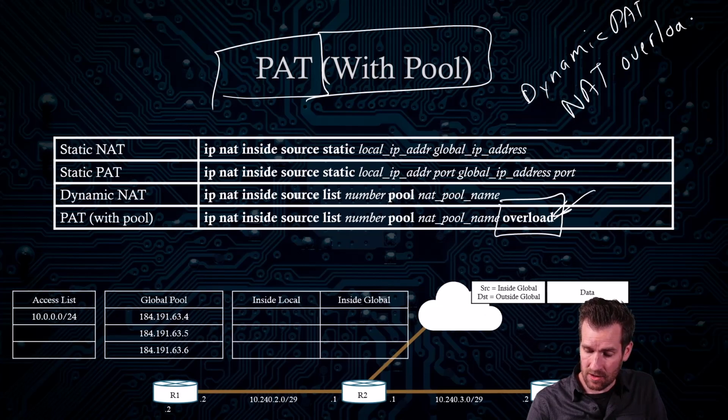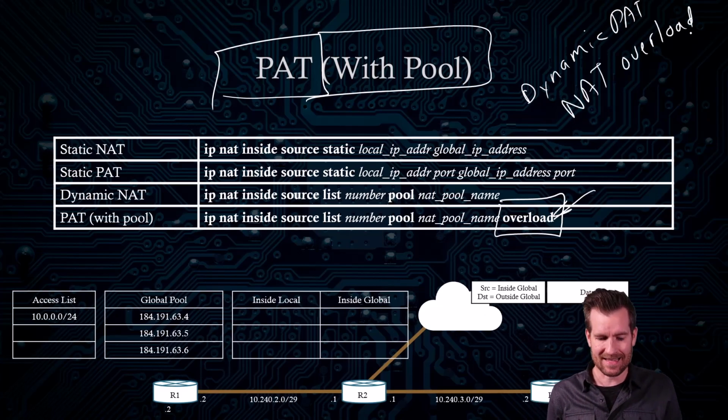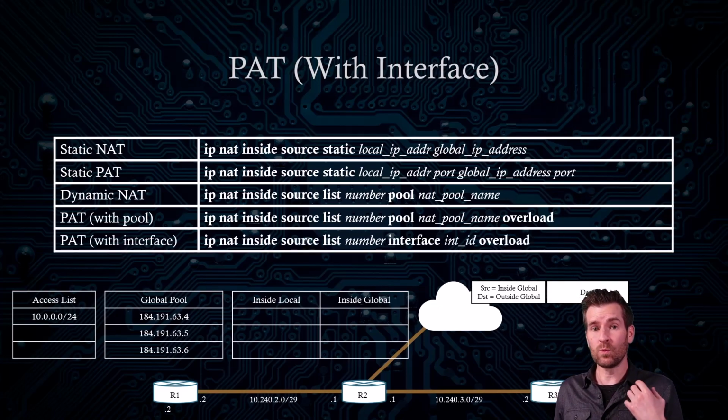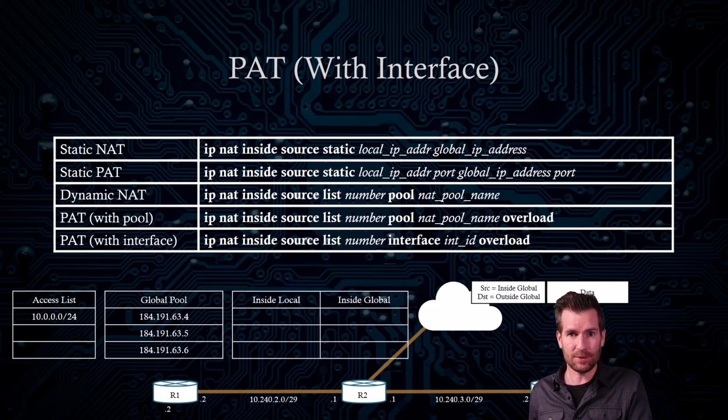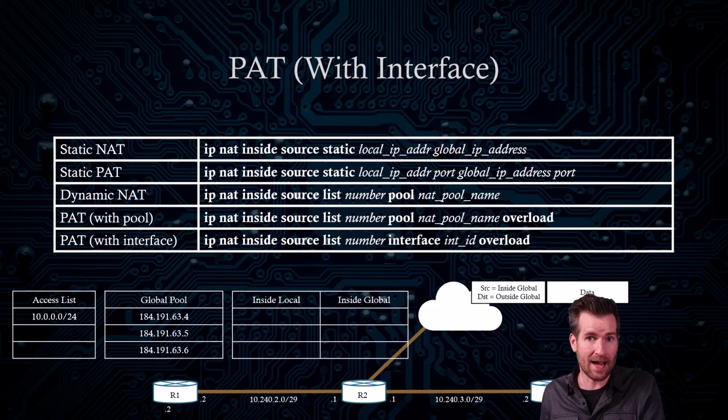Because the command to set this up is really the same as NAT, except it has this overload at the end of it. There are times when we really only have one IP that we're working with, and that IP address is assigned to the interface itself. Your home networks are a great example of this. Most ISPs are just going to assign you one IP address unless you've purchased more.